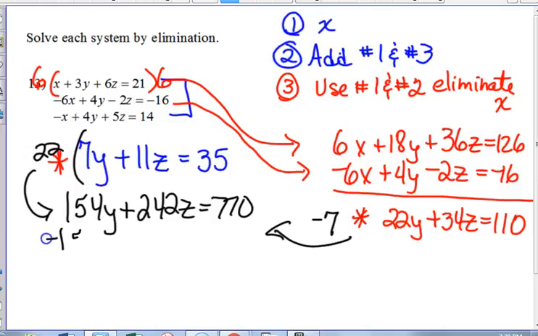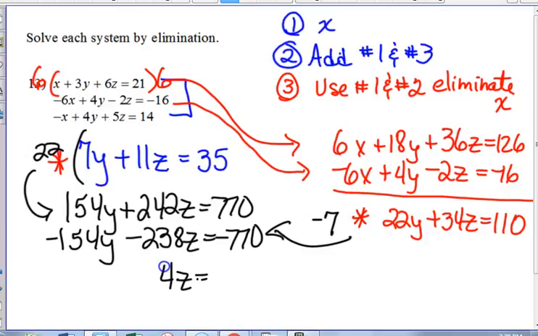Okay, I get negative 154y minus 238z equals negative 770. So I end up with 4z equals 0 when I add those.